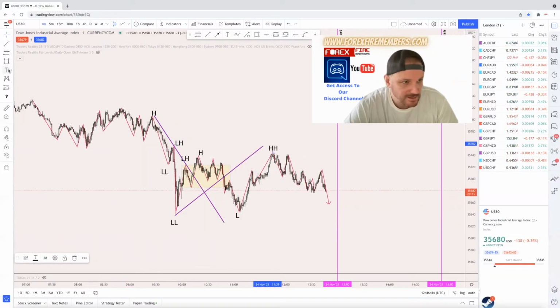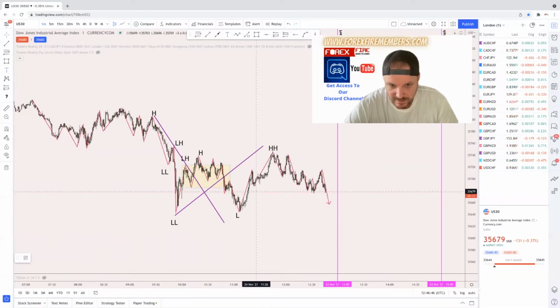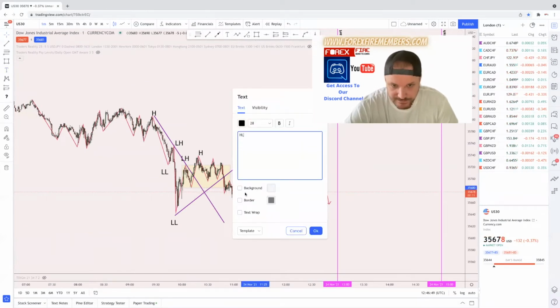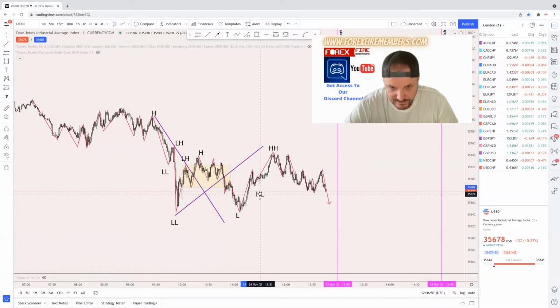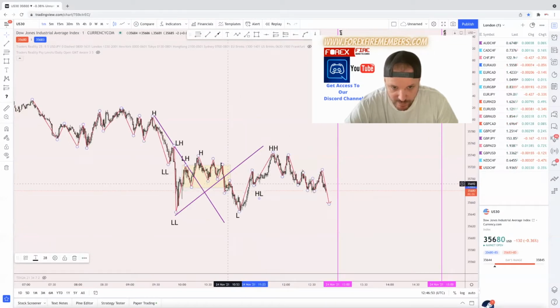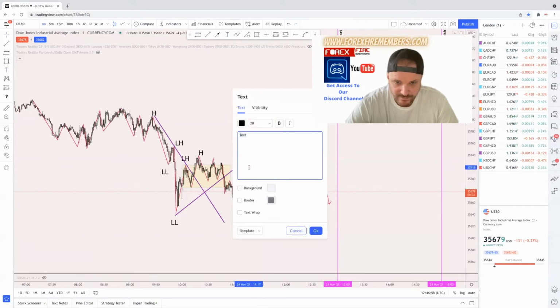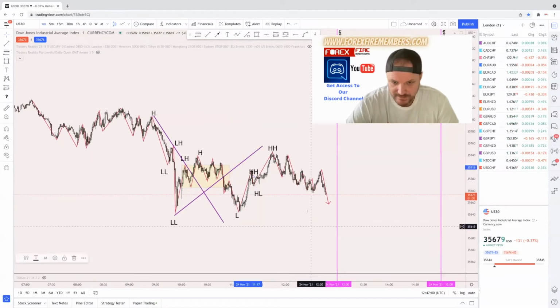Okay. Got a higher low. In fact, that's broke structure from there. High, high.